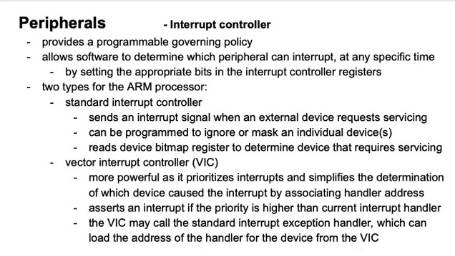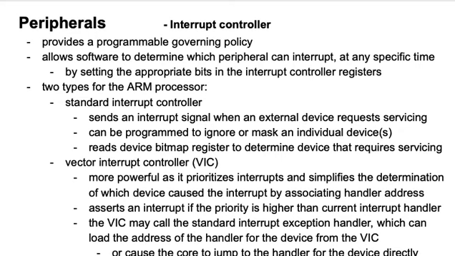Another type of interrupt controller supported by ARM is the vector interrupt controller. It is more powerful than the standard interrupt controller as it can prioritize the interrupts. It can also simplify the determination of the device that raised an interrupt by associating a handler address.